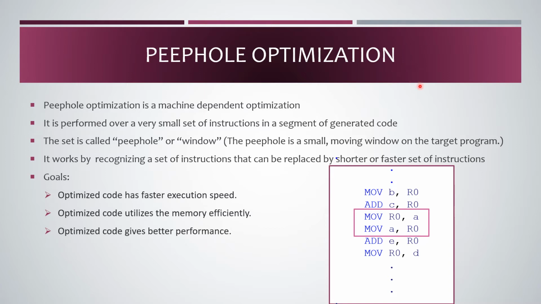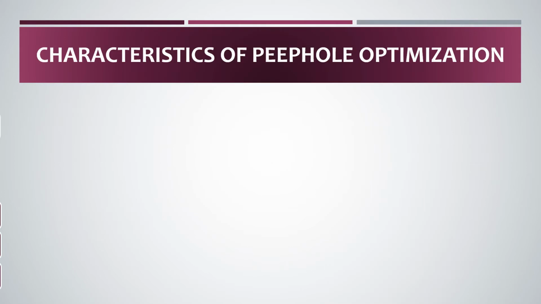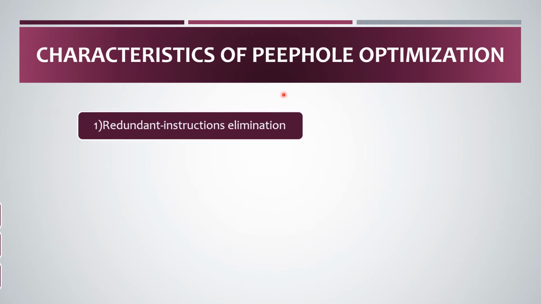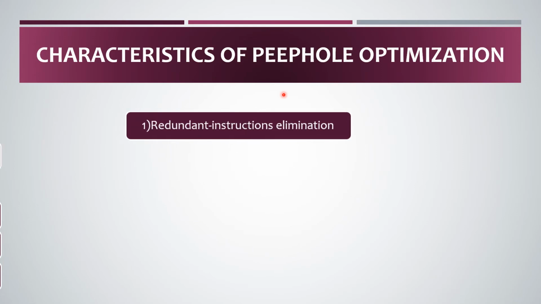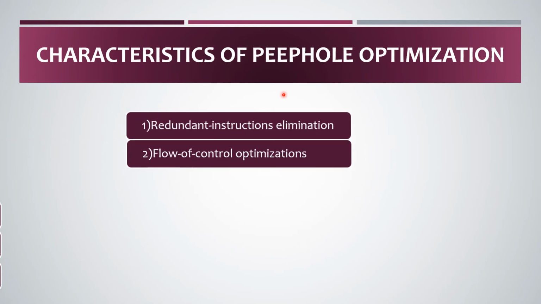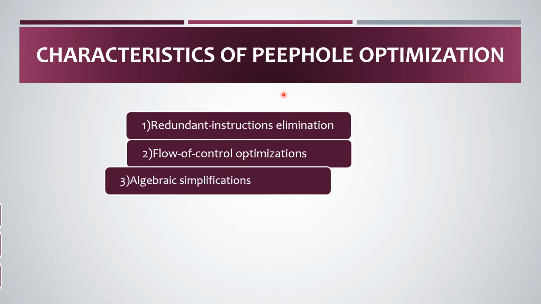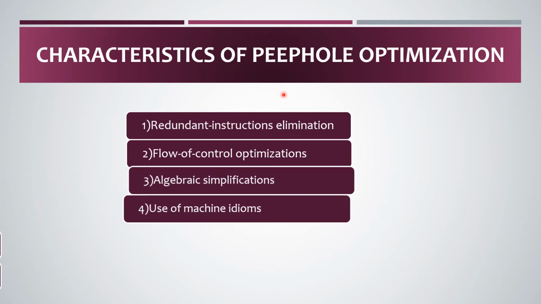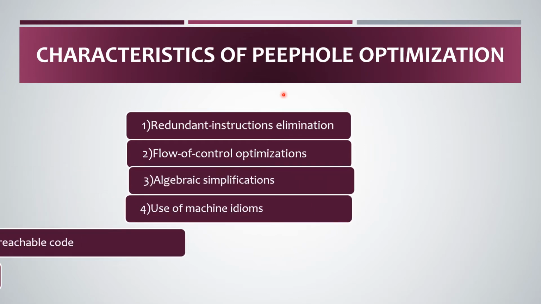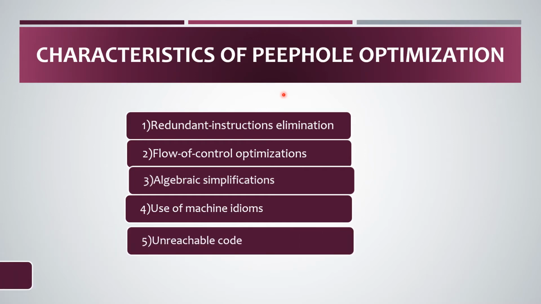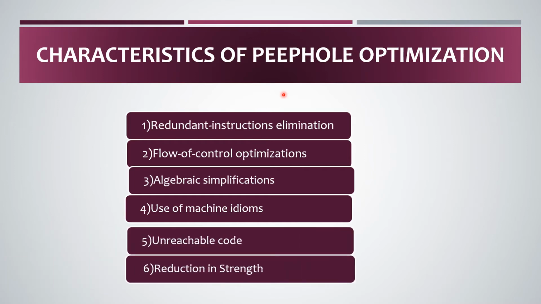In the next slide, let us see some of the characteristics of peephole optimization. There are 6 characteristics or techniques used by peephole optimization. They are redundant instruction elimination, flow of control optimization, algebraic simplification, use of machine idioms, unreachable code elimination, and reduction in strength.